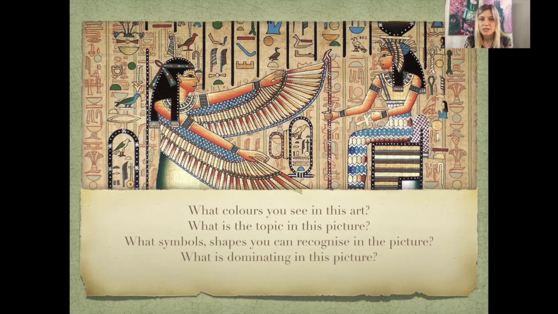So as you can see in the background, we can see the writing which they used to tell stories, and the writing is used with symbols, and symbols represent things. So if you wanted to say life, what would represent life?